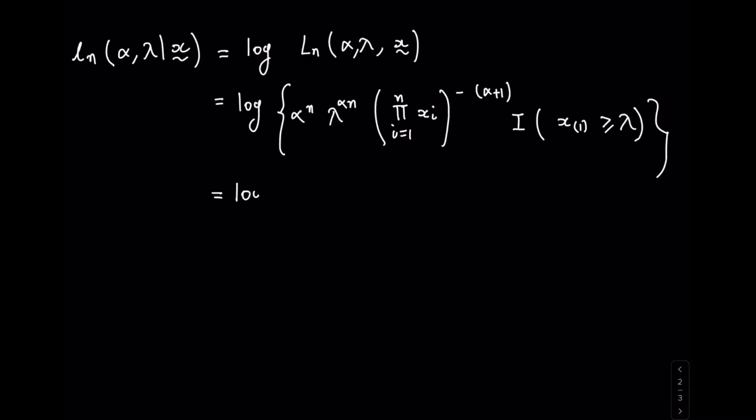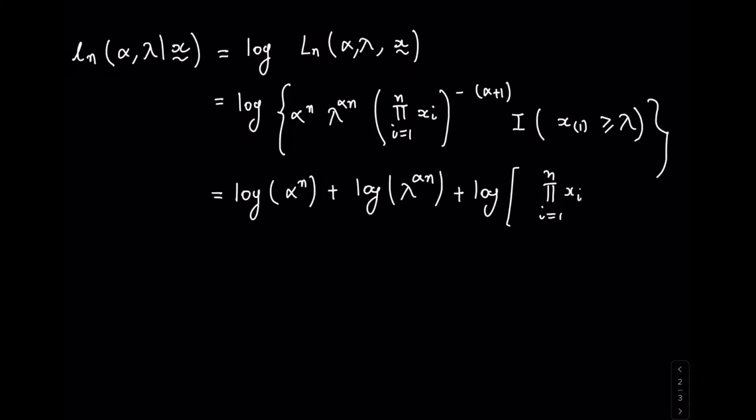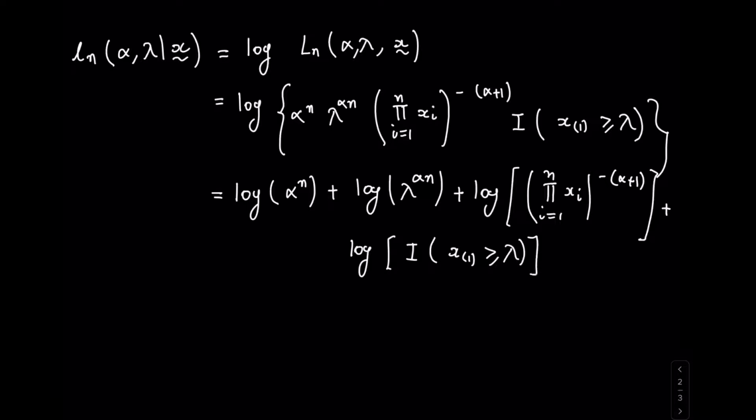So we can rewrite this first step as log of alpha to the n plus log of lambda to the alpha n plus log of, and I'm going to be careful here, the product of i equals 1 to n of xi all to the power of alpha plus 1. And then finally we've got the plus the log of the indicator function x1 greater than or equal to lambda.